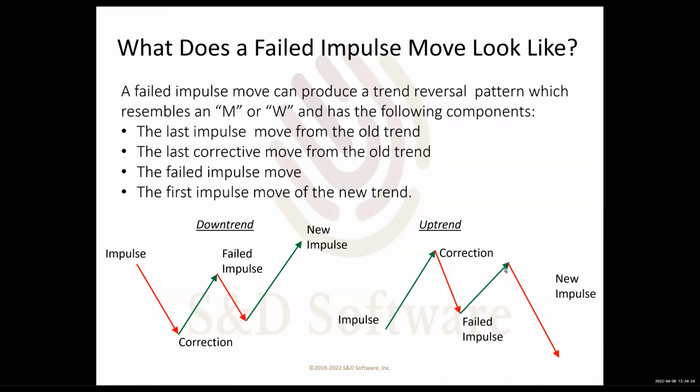And so this is a failed impulse. And then we'll see the first impulse of the new trend that's taking over. So this is going to look like an M. And one of the characteristics here is that the right shoulder, I guess we can call it, is equal to or less than the left.